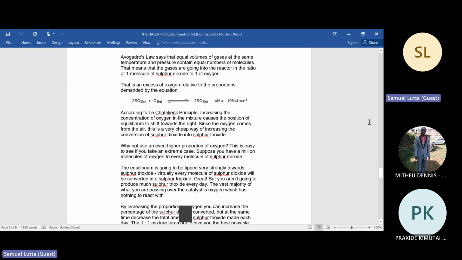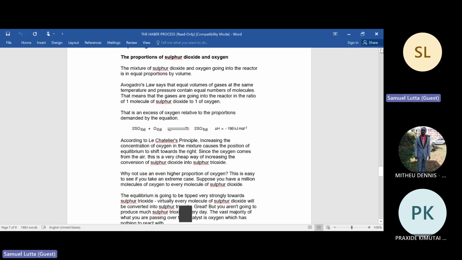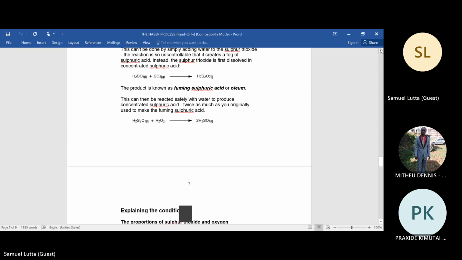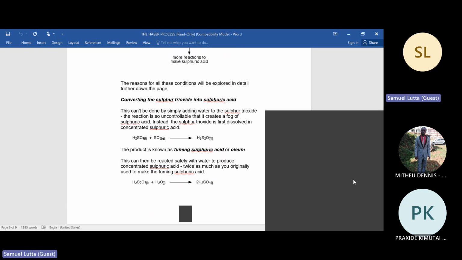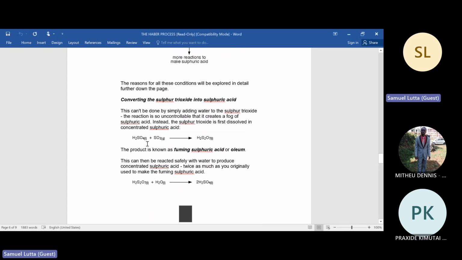So after getting sulfur trioxide, when you combine it with water, it fumes a lot. It fumes to produce sulfuric acid fumes. So to prevent this, instead of dissolving sulfur trioxide in water, we react it with sulfuric acid. We dissolve it in sulfuric acid to form oleum. There's a compound called oleum, and after you have formed oleum, that's when we react oleum with water to get sulfuric acid.